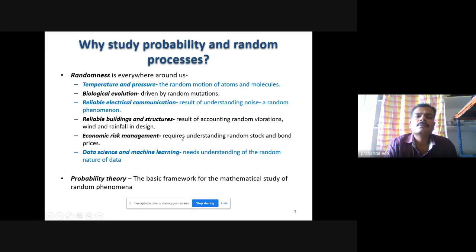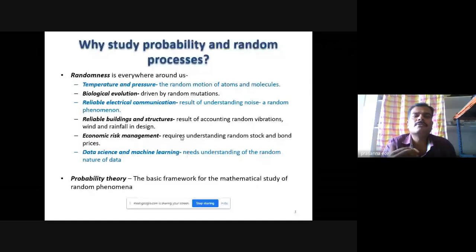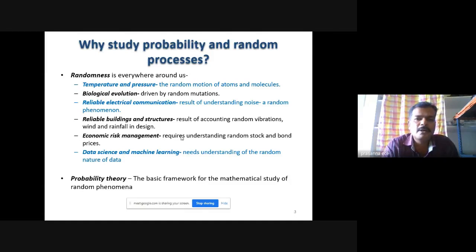The basic motivation for studying this subject is to design engineering systems which can withstand this randomness. How would engineering systems successfully perform in the face of uncertainties? A simple word for randomness is uncertainty. Any engineering system we design faces uncertainty.